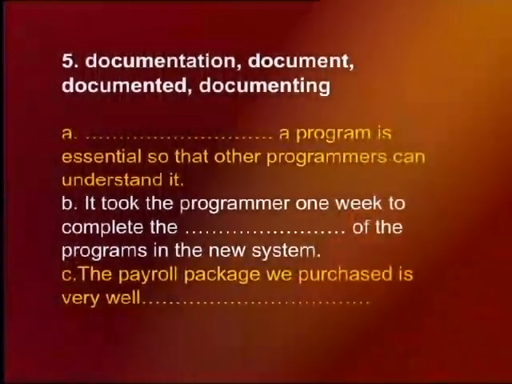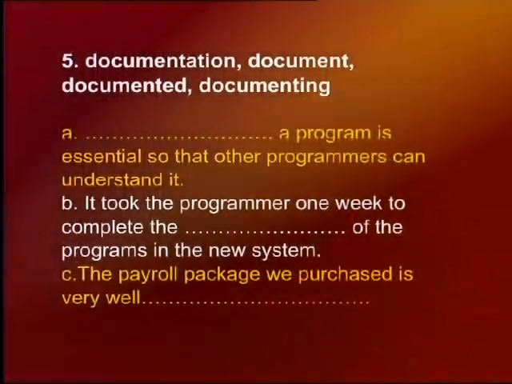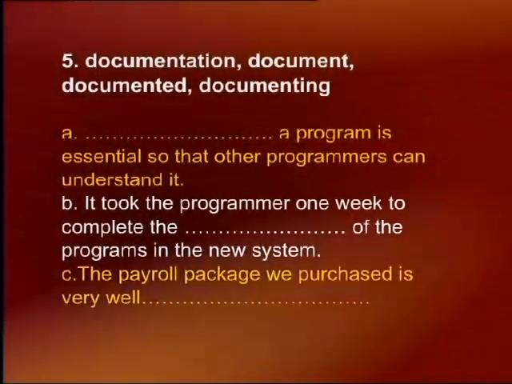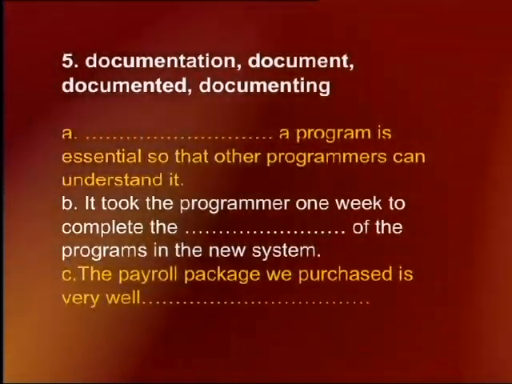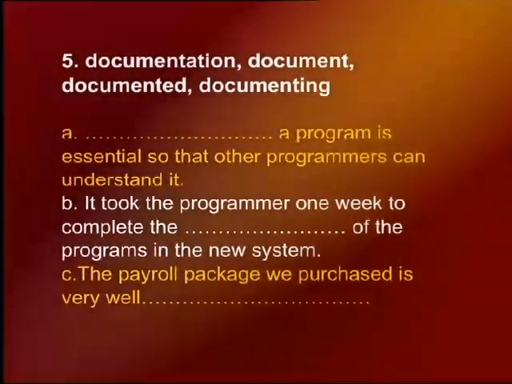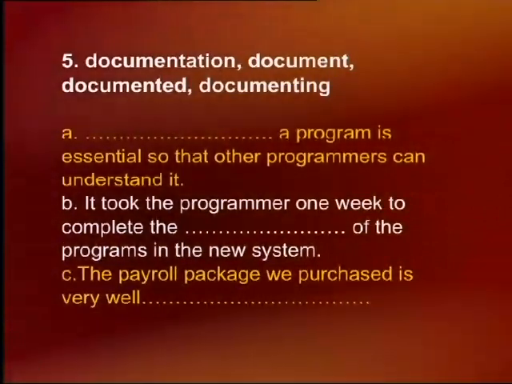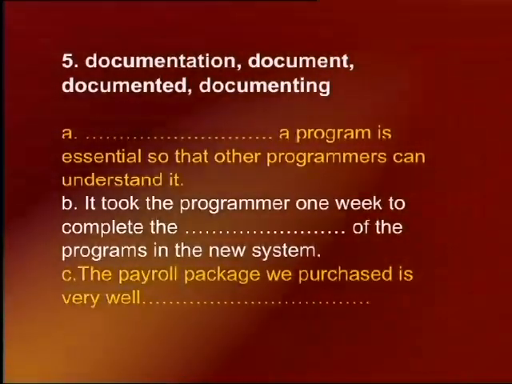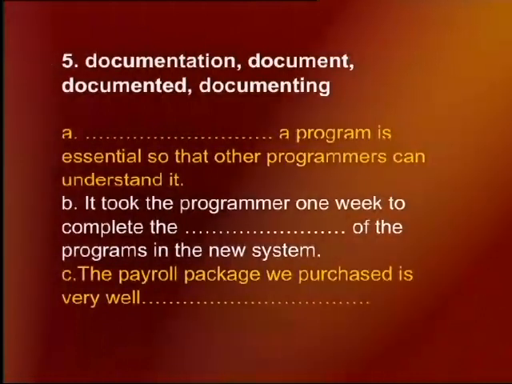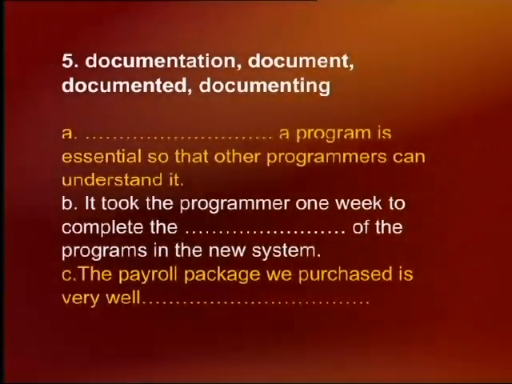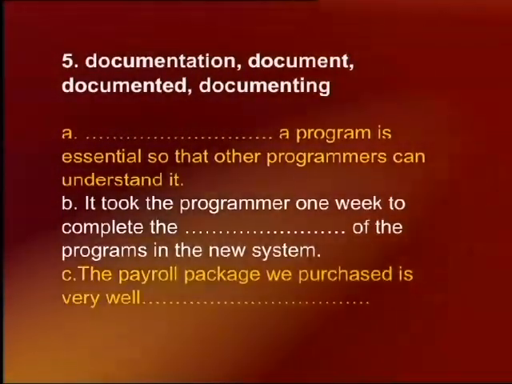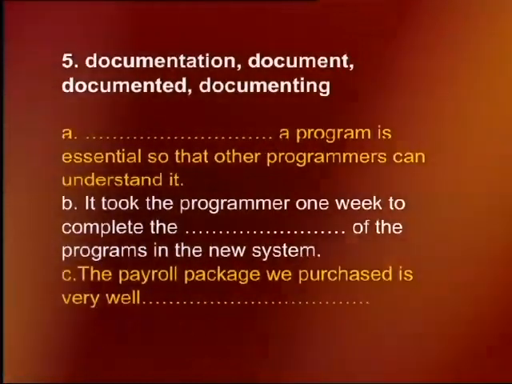Now, number 5, the fifth group of words, documentation, document, documented, documenting. Sentence A, dash a program is essential so that the other programmers can understand it. And the word is documenting a program is essential so that other programmers can understand it.